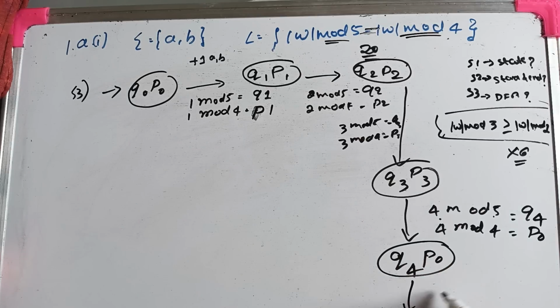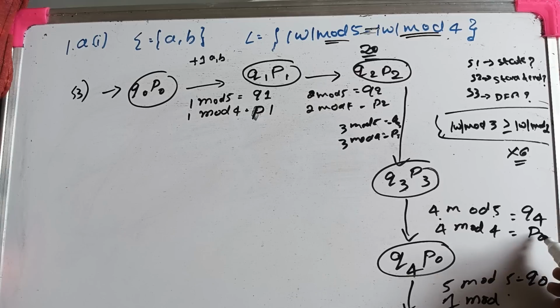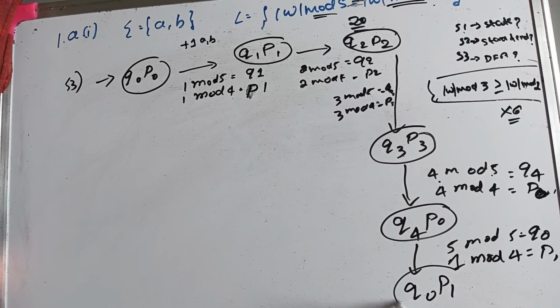And after that here 5 mod 5 means Q0, and 4 is completed. 4 mod 4, you need to go again to start and repeat, as here is the 0 state. We need to add here, 0 plus 1 is 1. 1 mod 4. P1, Q0 P1. So continue the loop like this.